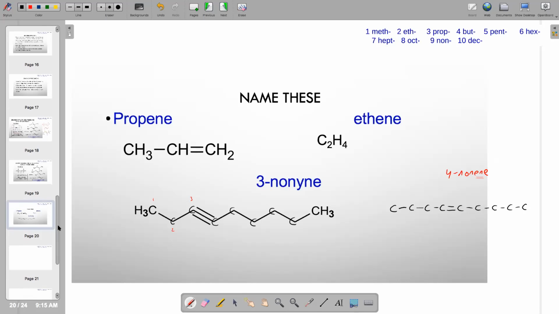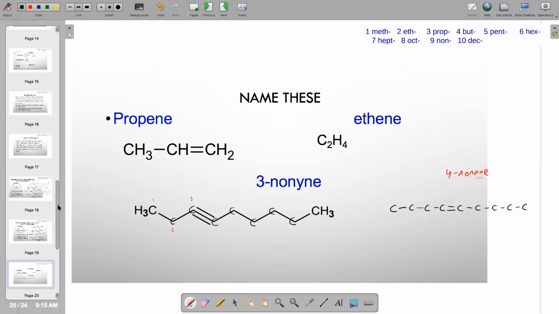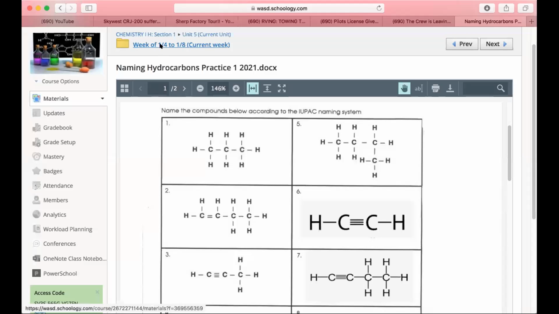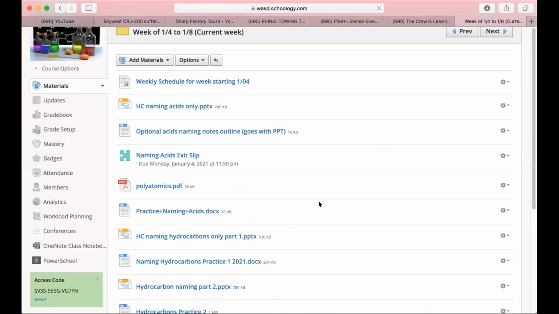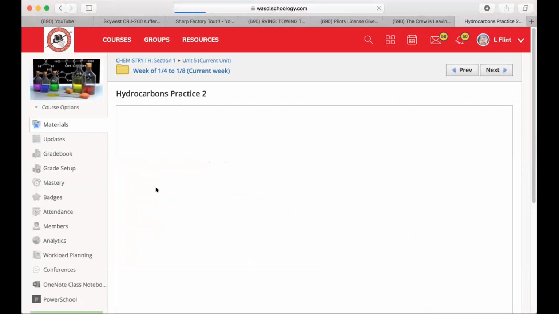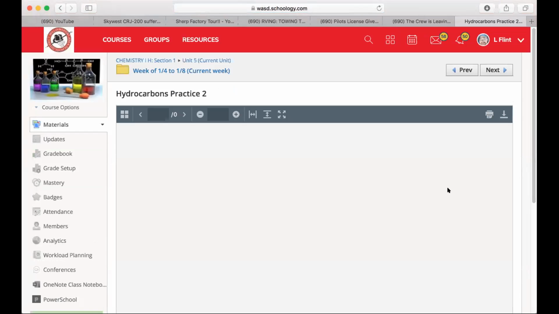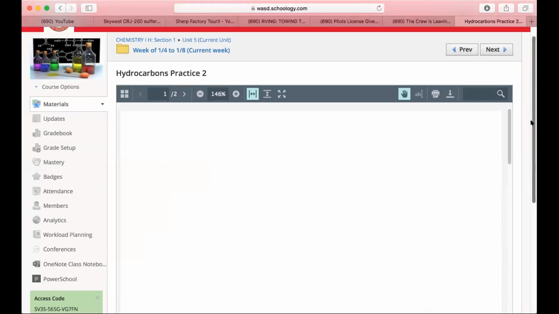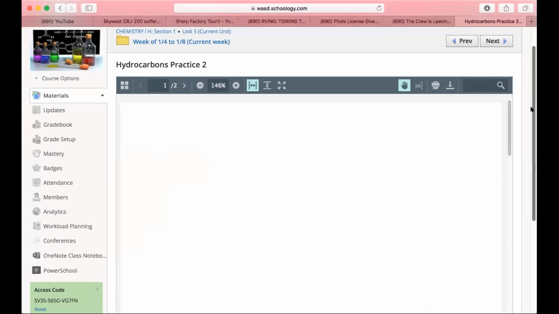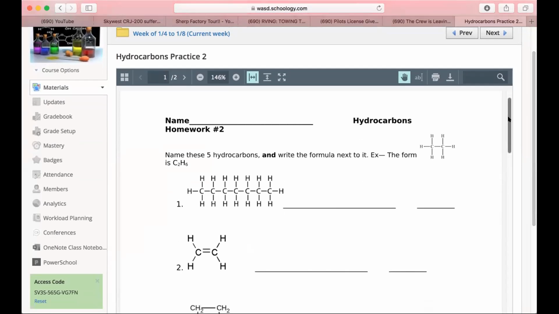We'll see how that goes, but in the folder for this week, let me get back to it here. And there's only like a minute left. Let's see, naming hydrocarbons practice. In the folder for the week, down at the bottom, the folder says hydrocarbons practice 2. And this has molecules that, there we go.